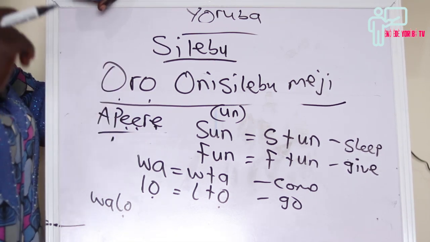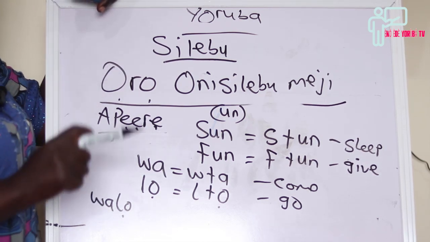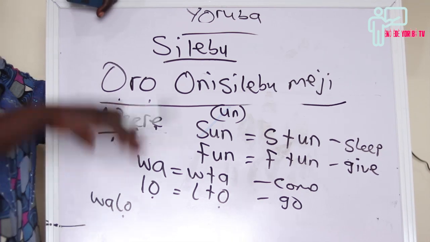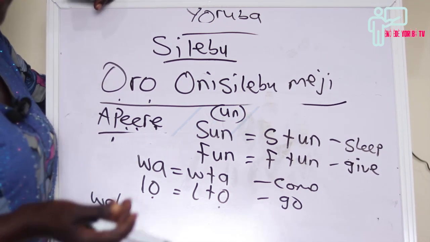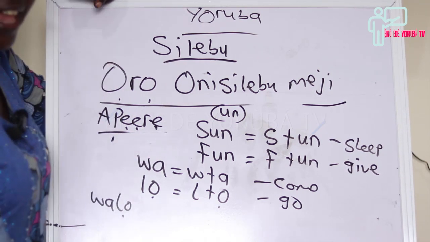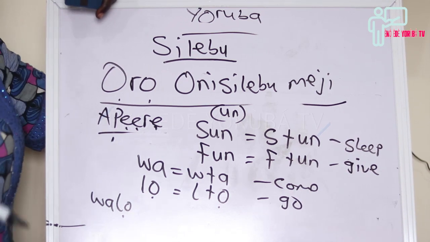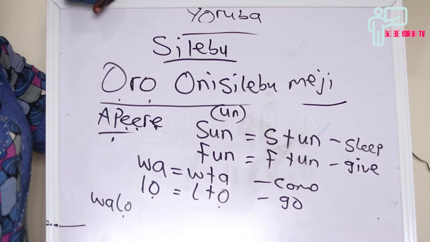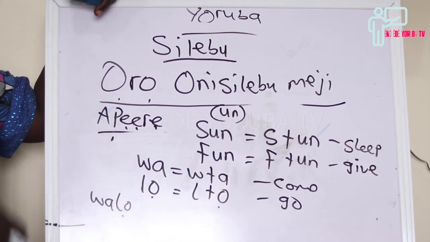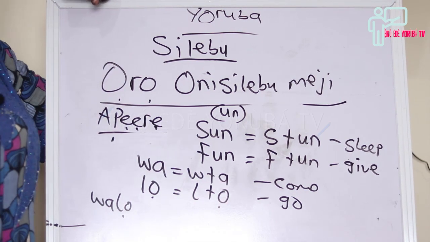I want to remind you again about the syllable kan, ọ̀rọ̀ onísílébù kan. I told you is like a verb, is an action word. The example I gave you are lọ, jẹ, mu, sọ, which is eat, sleep, go, come, sleep, and so on.